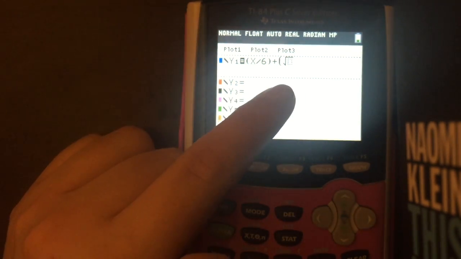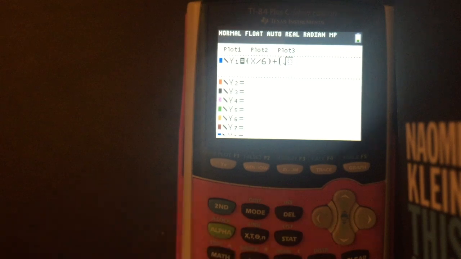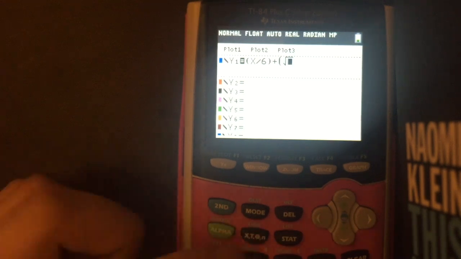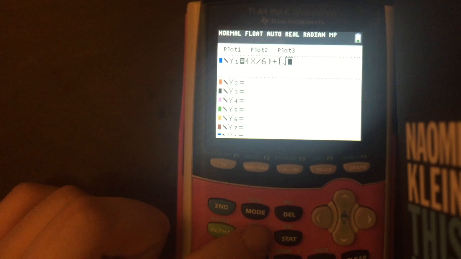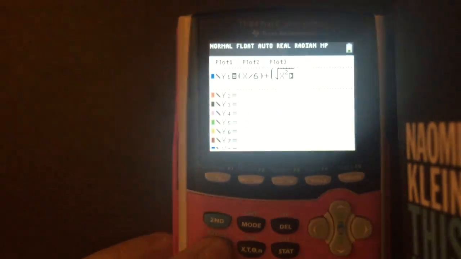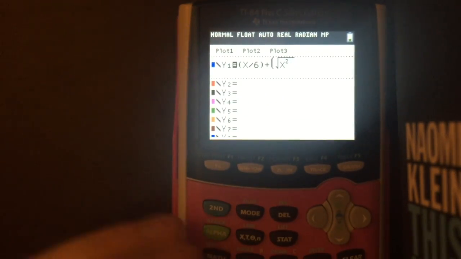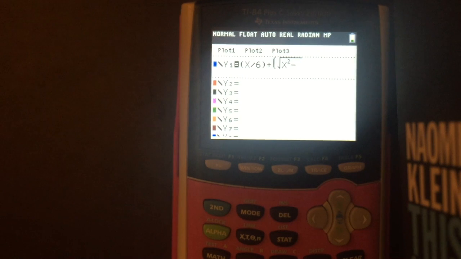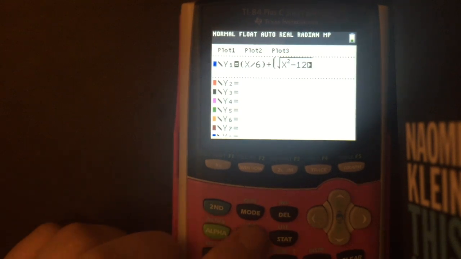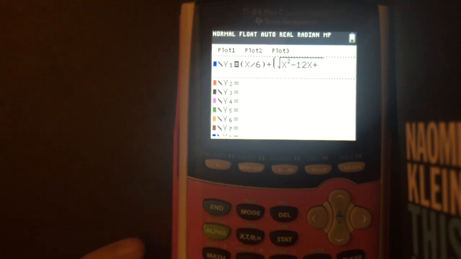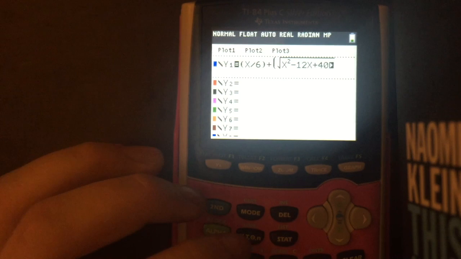So the square root, and then I'm going to type in, once again, it's supposed to be w squared, but x is going to represent w, so I'm going to do x, then go back down to where I got my square root and just hit x squared to square that x. Then I'm going to subtract 12, and once again it's supposed to be w, but x represents w, so I'm going to go back to my x key, and then I'm going to add 40.